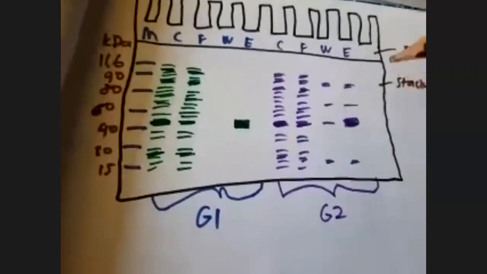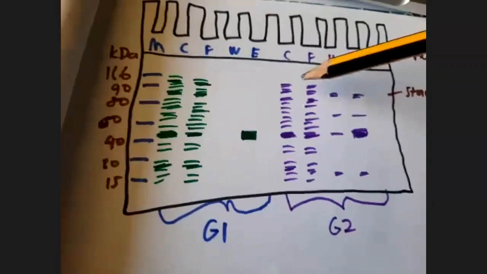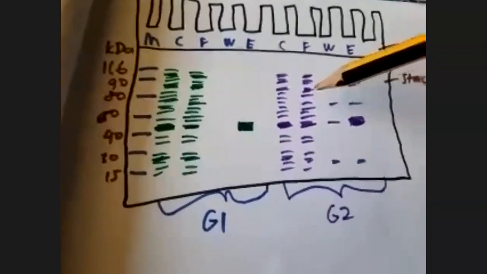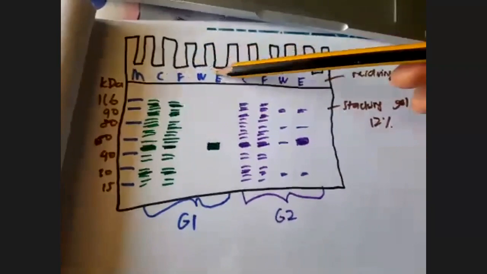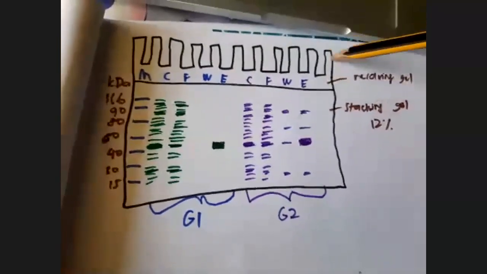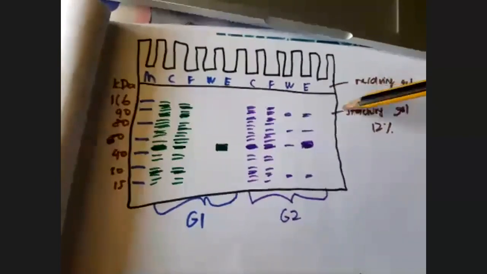For now, the gel is used to monitor the quality of the purification, the quality of the protein that has been purified. For example, you have this side, the upper part where you put the comb. The comb here contains the resolving gel. The lower part is called the stacking gel.